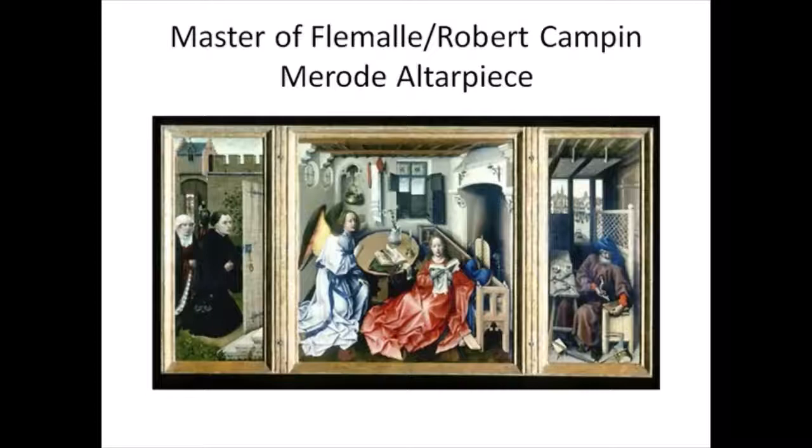And when it's opened up, as you can see here, you get a view of the Virgin Mary's house. Look in the large center panel. It's the Annunciation, and it's a tremendous step towards realism and factual detail. Look at how the pages of the book curl.